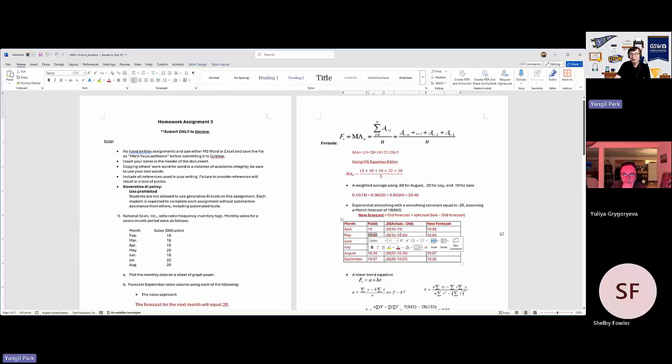So you keep doing it, then you're going to get 18.04. So somehow they're trying to make it easier on those ups and downs by introducing this weight multiplied by previous minus old forecast, and they are getting very close if you do so.